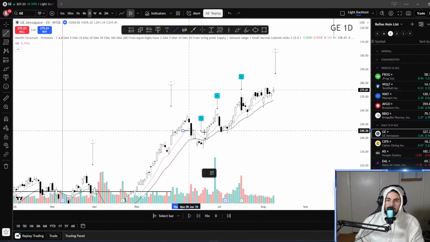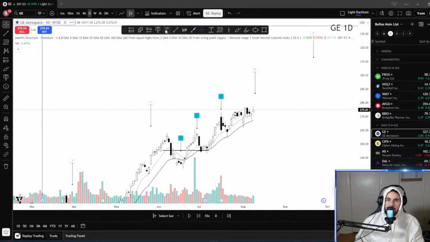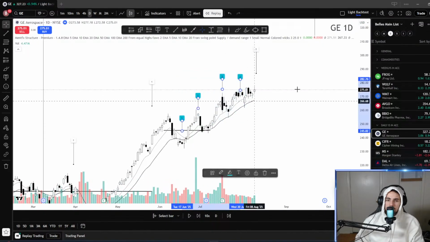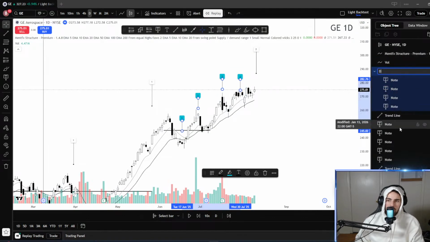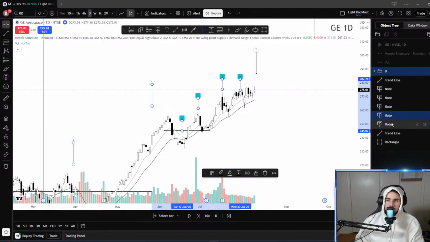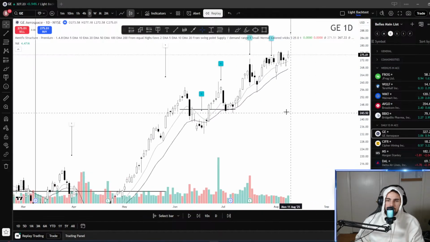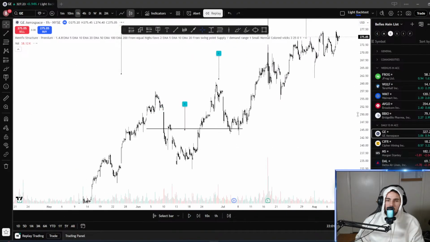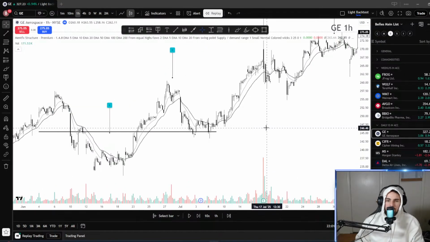So we have the first breakout of the accumulation. We have the first high that gets ran, the second high that gets ran. Then you have the third one here. So I'm curious now if we were to look in this area here, where on the 1 hour could I have gotten involved on the 10-minute time frame?